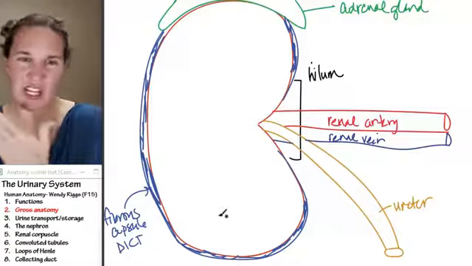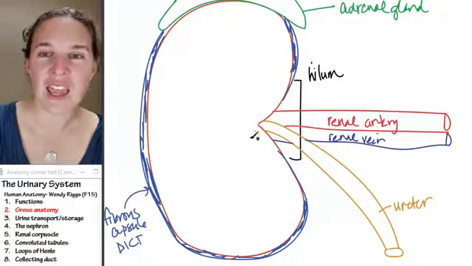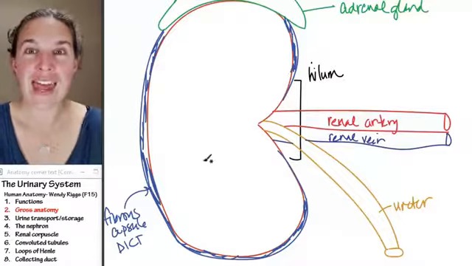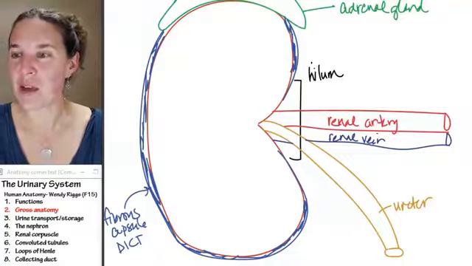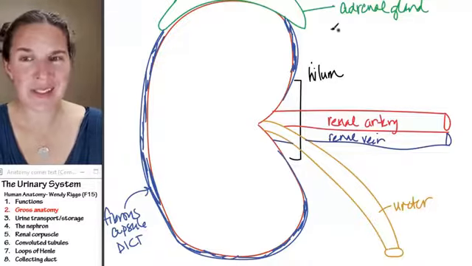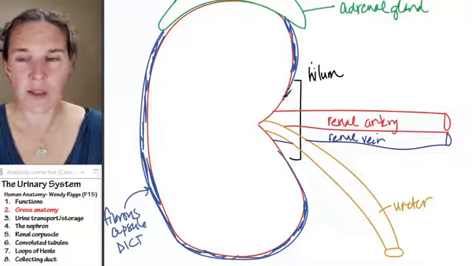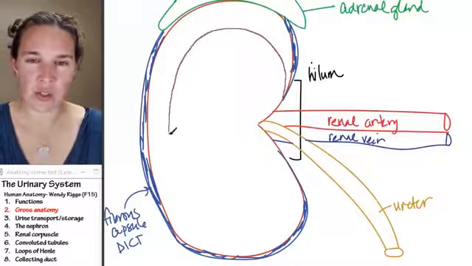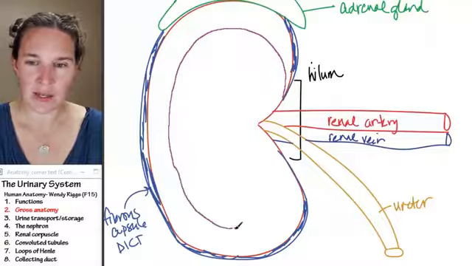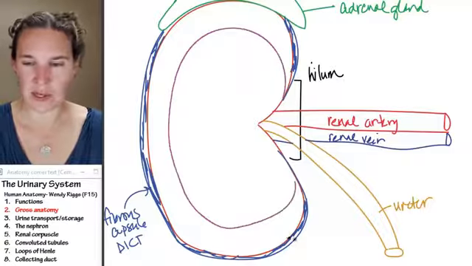Now imagine we just chopped our kidney in half, and now we're going to look inside. We actually have a couple of layers, if you will, inside. I'm going to draw my layers inside, super diagrammatic, but hopefully this will be clear.